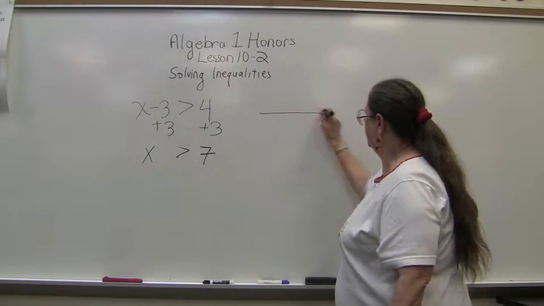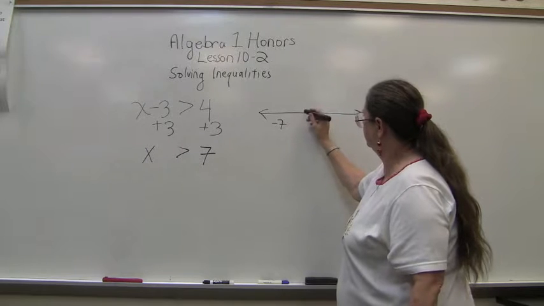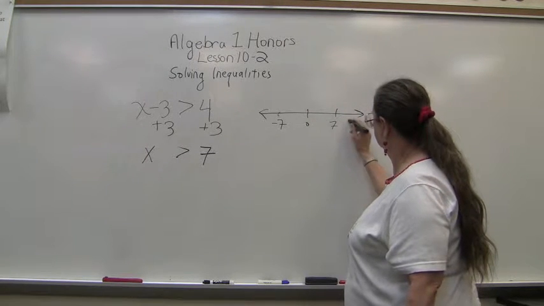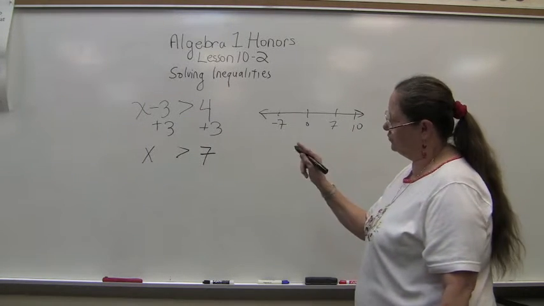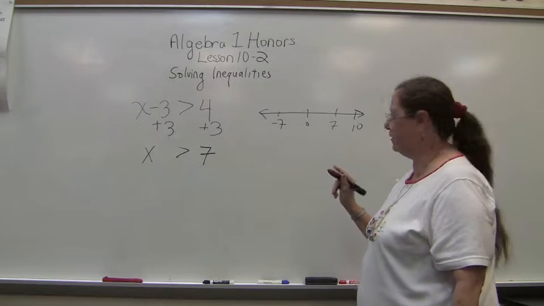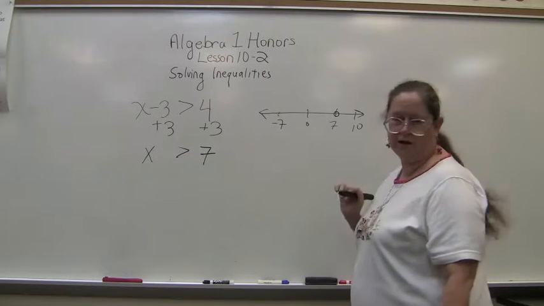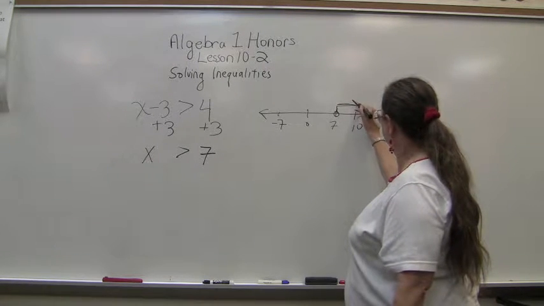So think of our number line. Over here, let's say it's negative 7 right there. There's 0, and here's positive 7. Out here will be positive 10. Our answer says x is greater than 7. That means we put an open dot because it's not equal to 7, and we color this way.